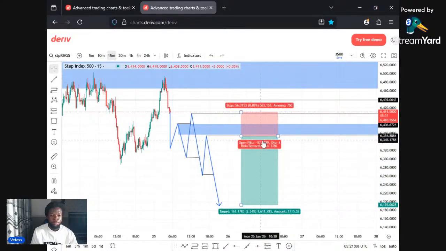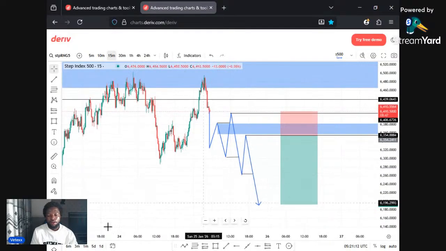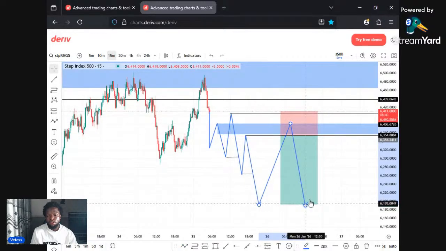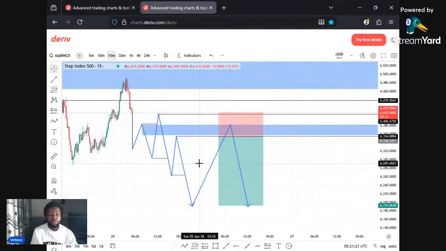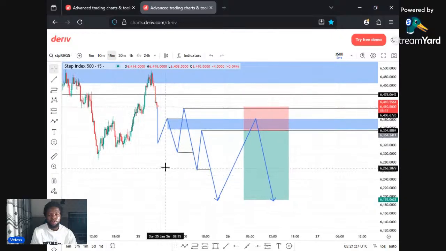So this is what you're anticipating currently. Once this happens, then you can be sure that price was going to come into this zone and then sell to the opposite direction. This is exactly what you're anticipating. So price is definitely going to do something like this, and we are going to start taking our sell.